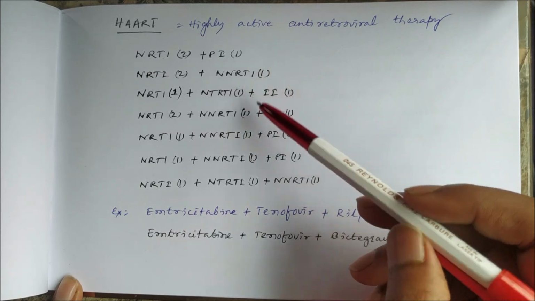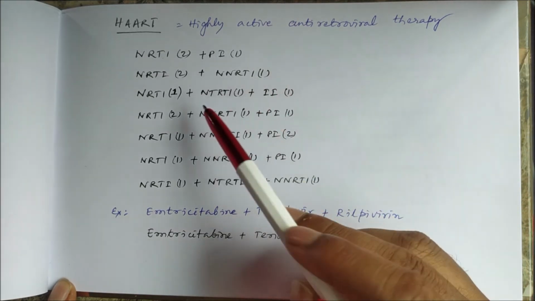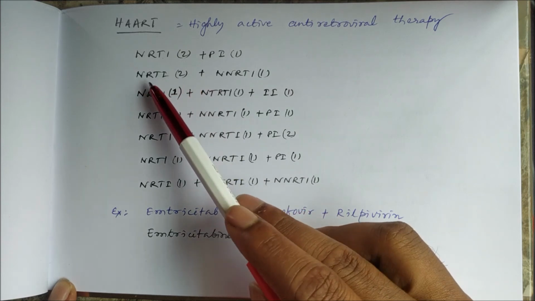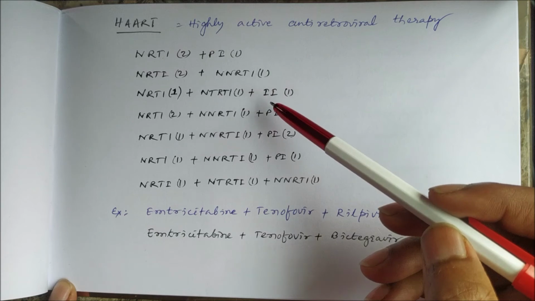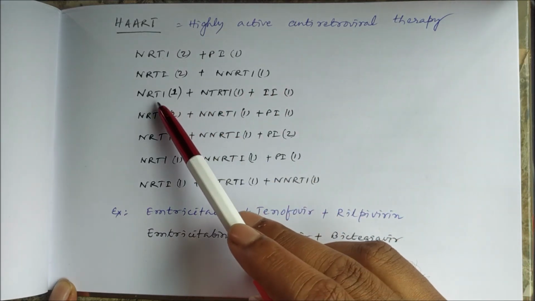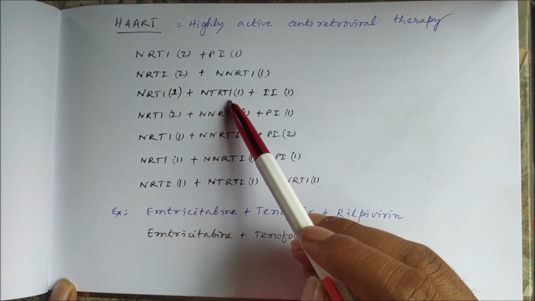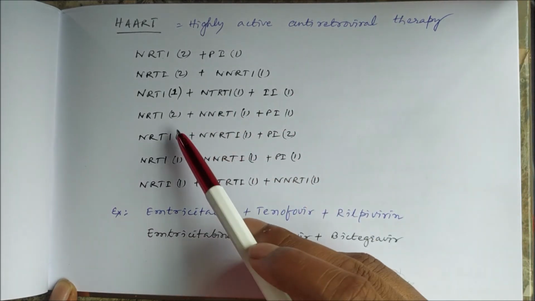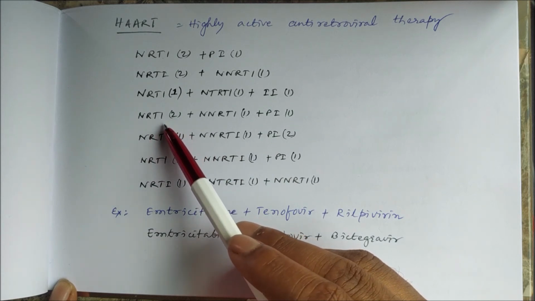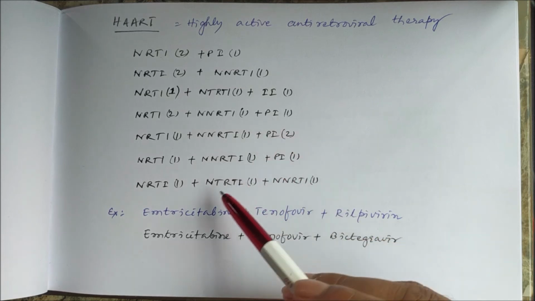So it is a combination of either 3 to 4 drugs, and which may be two nucleoside reverse transcriptase inhibitors and one non-nucleoside reverse transcriptase inhibitor, or one nucleoside reverse transcriptase inhibitor, one nucleotide reverse transcriptase inhibitor, one integrase inhibitor, or two nucleoside reverse transcriptase inhibitors, one non-nucleoside reverse transcriptase inhibitor, and one protease inhibitor.